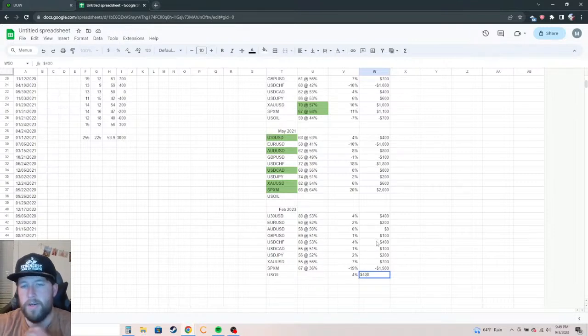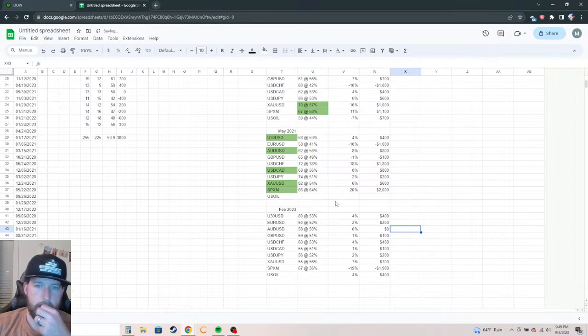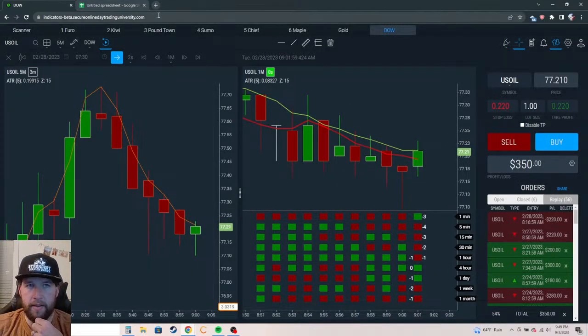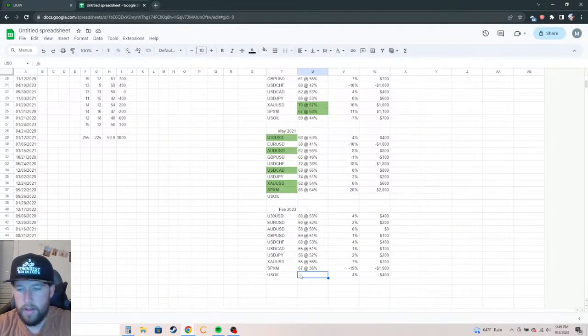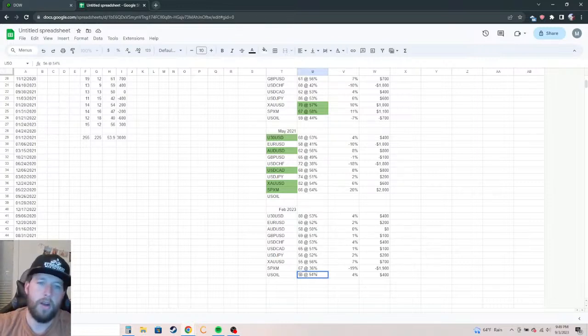Which is a $400 return, assuming a $10,000 account, risking 1%, 1-to-1 risk to reward. 56 trades at 54%. Okay.